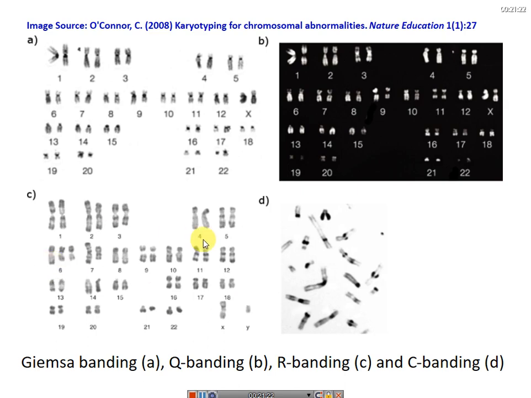But they are arranged as per their size. So in a karyotype the chromosomes are arranged as per their size, all the autosomes first followed by the sex chromosomes. Their centromeres are aligned onto a horizontal axis. All the centromeres are aligned on a line, and the petite arm, that is the p arm, the short arm, is always facing upwards, and the longer arms always face downwards in a karyotype.